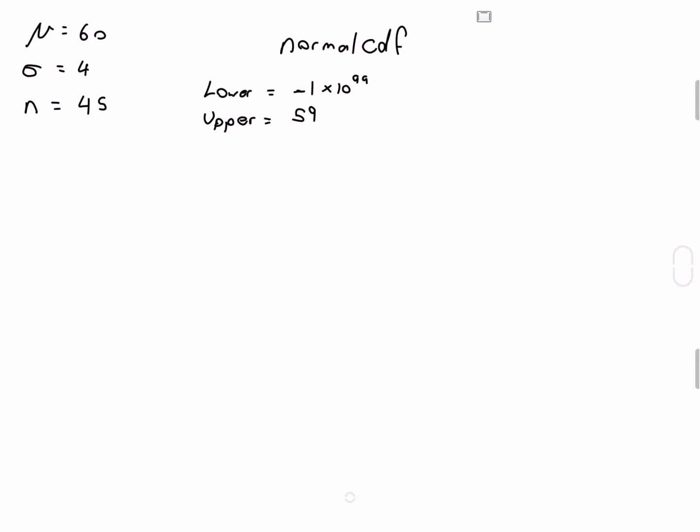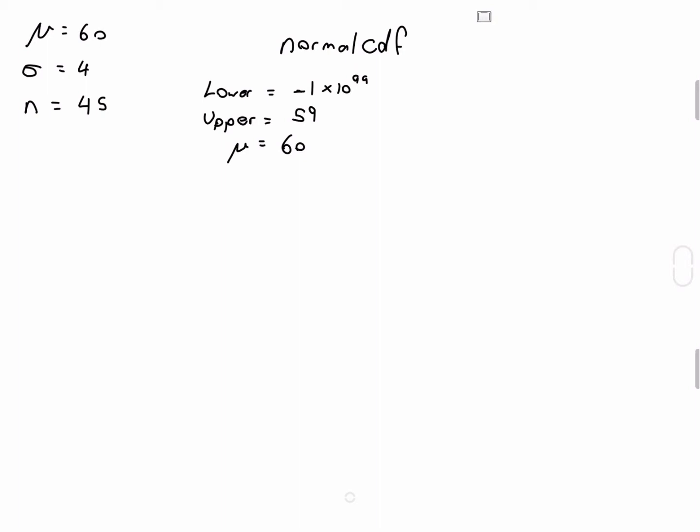What we're going to do now, our mean we're told is 60. Our standard deviation we're told is 4, but you're not going to put this 4 in if we're looking at the central limit theorem.